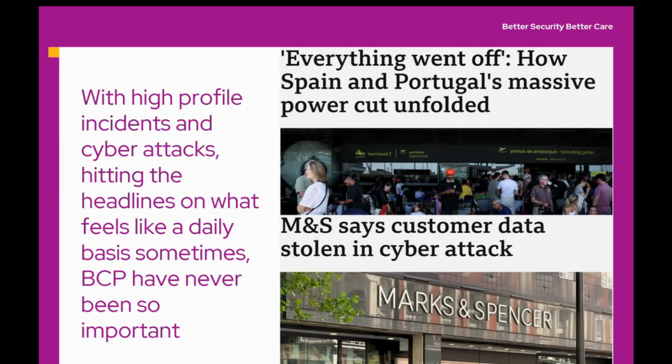Also, we've had attacks on major retailers like Marks and Spencer's, the Co-op, and also Jaguar Land Rover were hit. And even though they would have had a strong and versatile business continuity plan, they're still suffering. A colleague of mine mentioned that they went to get some euros from Marks and Spencer's not that long ago, and it was still a very hard, drawn out process because of the cyber attack.